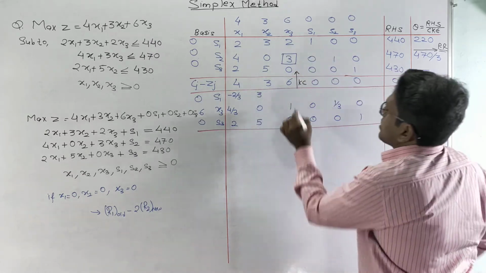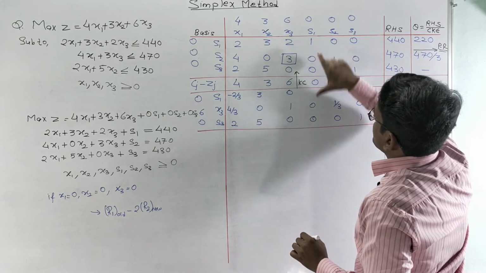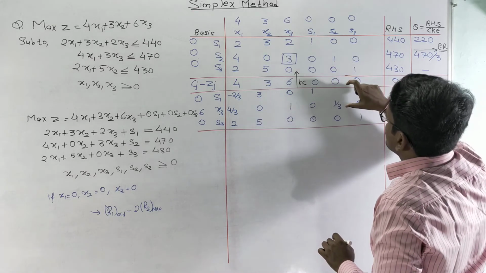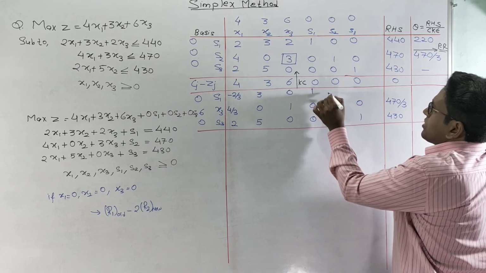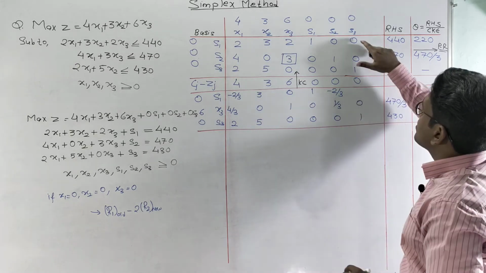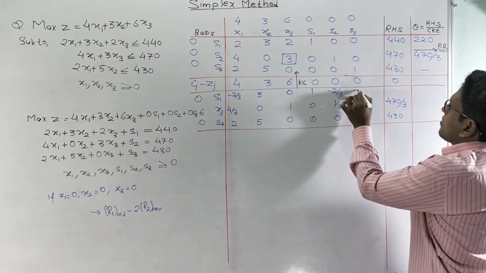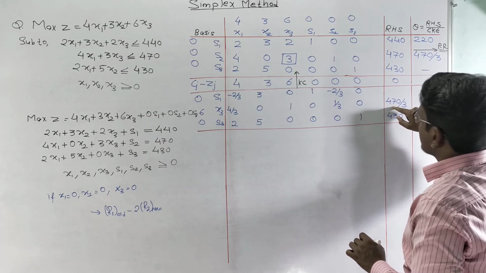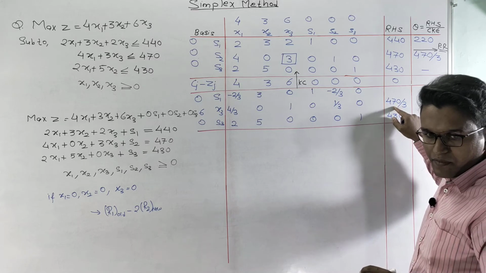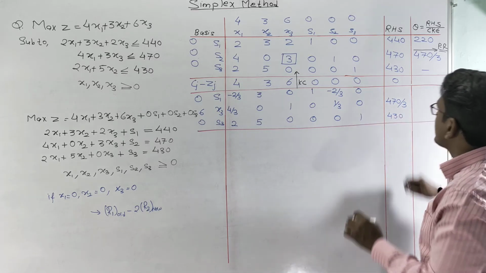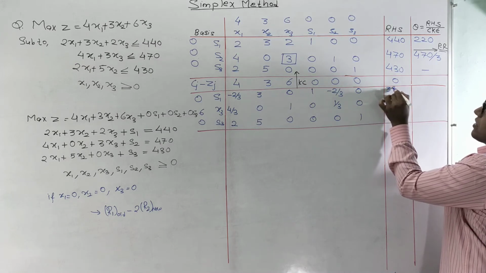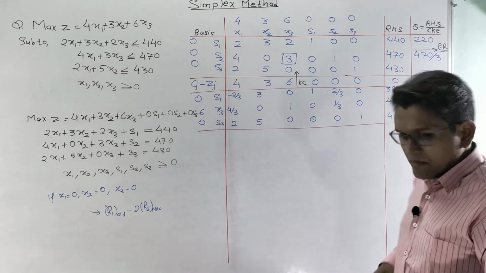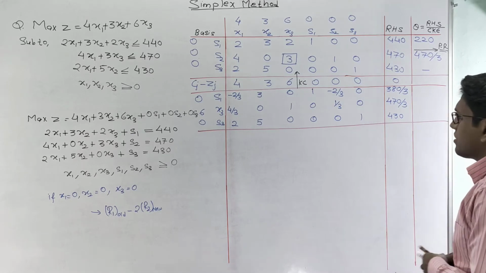Similarly 2 minus 2 times 1 is 0. 1 minus 2 times 0 is 1. 0 minus 2 times 1 by 3 is minus 2 by 3. 0 minus 2 times 0 is 0. 440 minus 2 times 470 by 3 will become 380 by 3. So this is our new matrix.